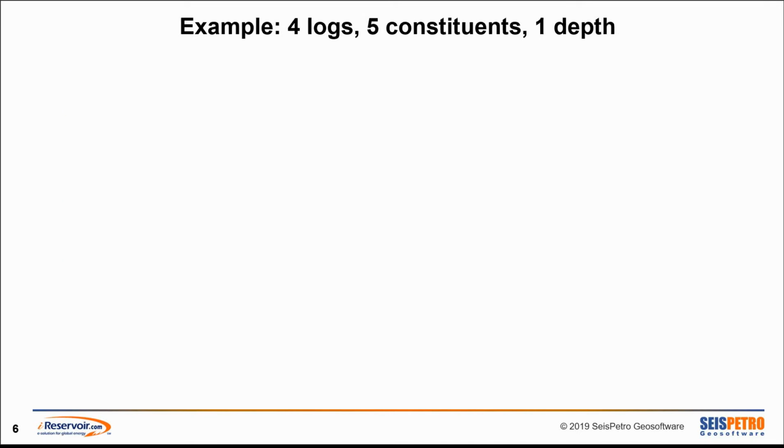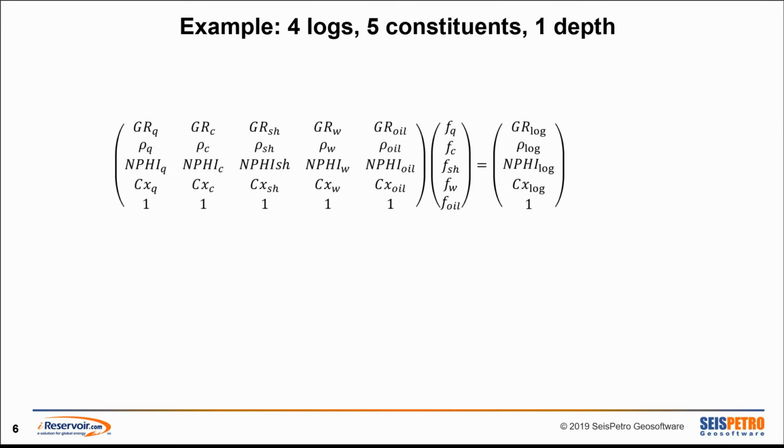So here's an example of how the linear modeling works when we have 4 logs, 5 constituents, and a single depth. For a single depth, we start with a system of equations that relates the constants for the constituents, which we assume don't change in the interval of interest, the fraction of the different constituents, and the log data.